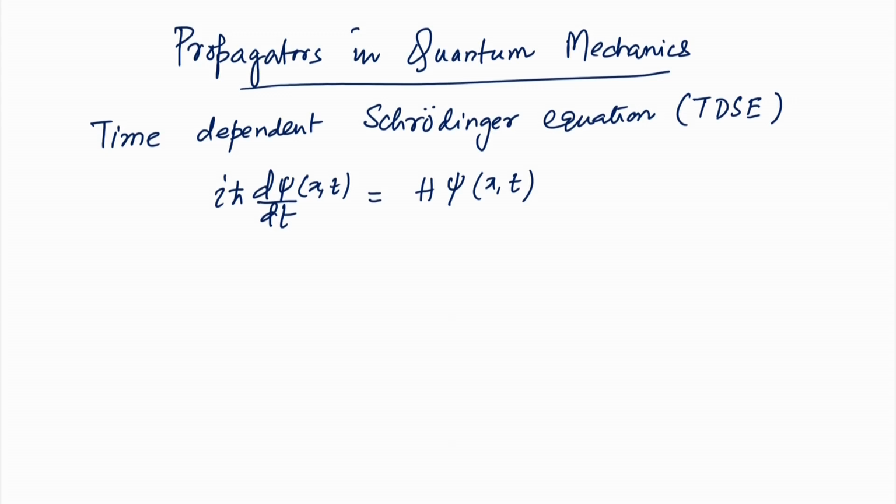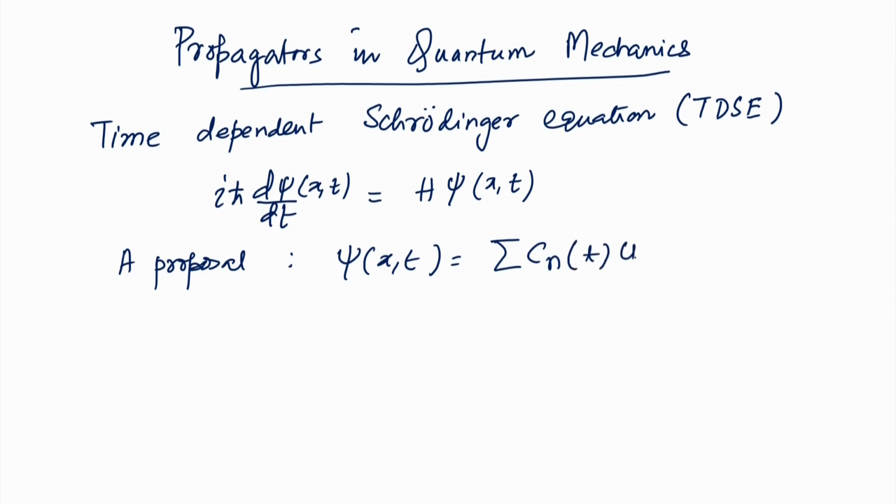Now, this can be solved by a proposal of the form psi(x, t) is equal to a sum over n of C_n(t) u_n(x). So, that is the ansatz or the proposal for this problem.